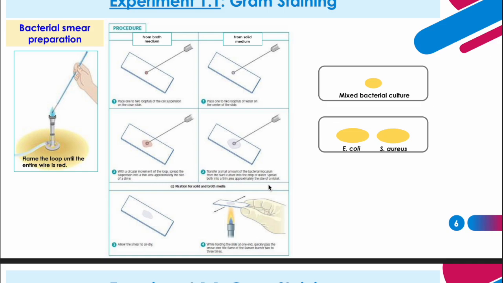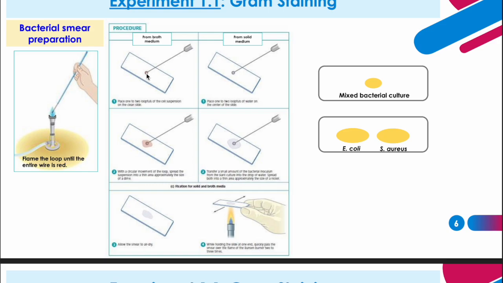Okay, so here is how to prepare the bacterial smear. For the procedure, you place one or two loopfuls of the cell suspension on a clean slide. You can clean the glass slide with alcohol. Allow it to dry, and then use a loopful of the suspension from the broth medium.